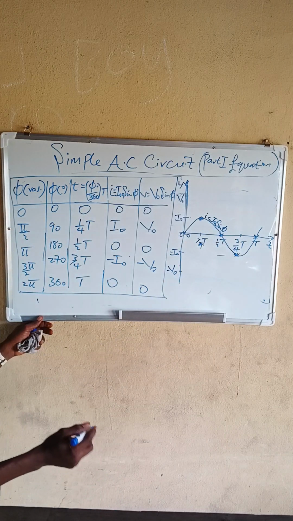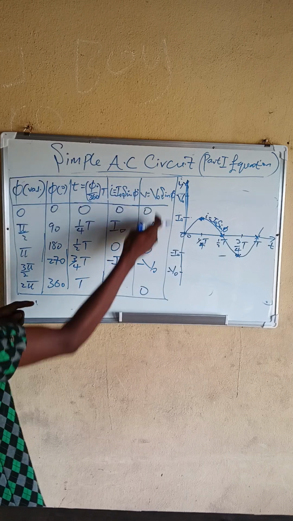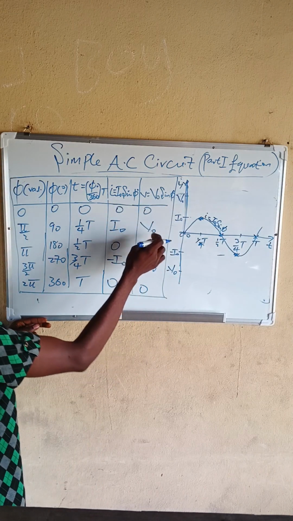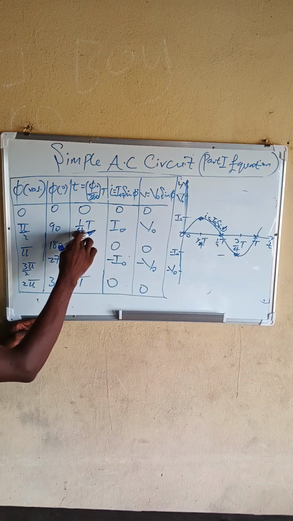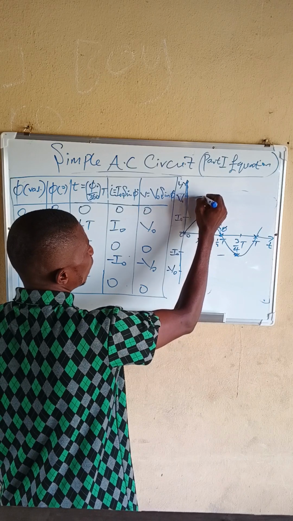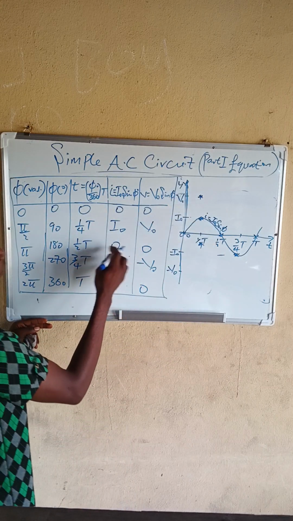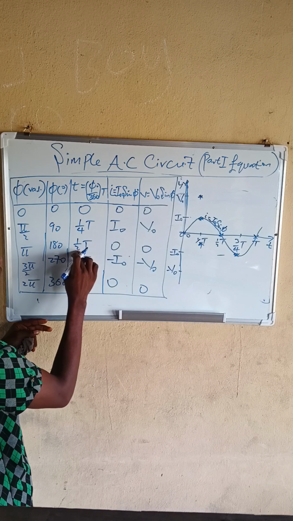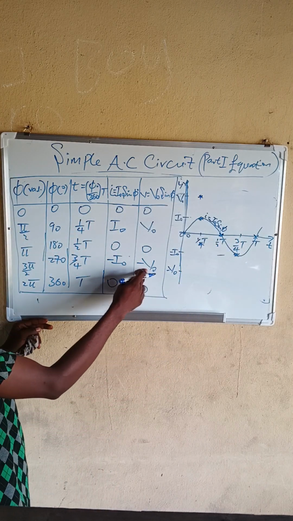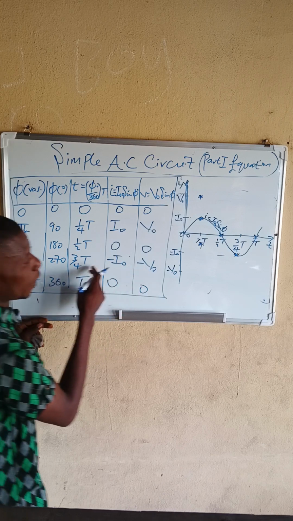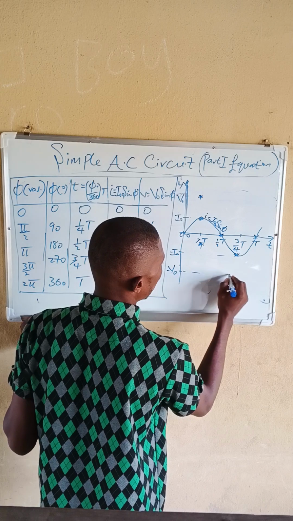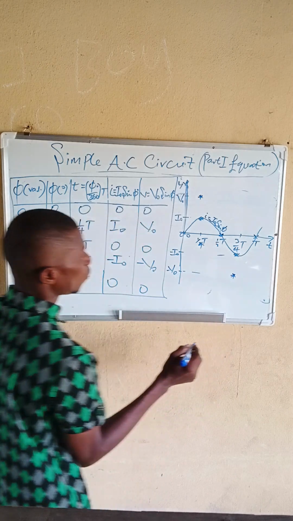This is I equals I naught sine phi. Also, you are going to plot this against this. This is 0 and 0, which is the same here. V naught and 1/4 T, which is here. If you trace this like this, you're going to have it here. This is 0 and this is this, which is here. And this one is negative V naught against 3/4 T, which is somewhere here. If you trace it like this, you're going to have it here.